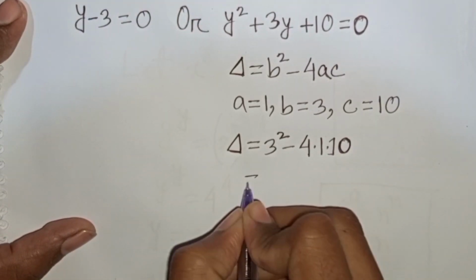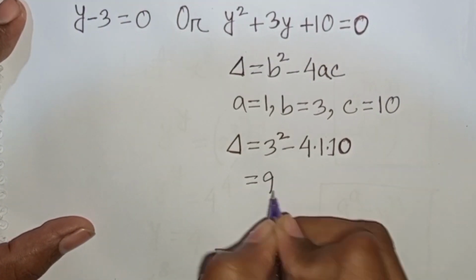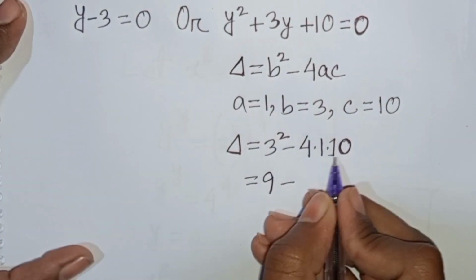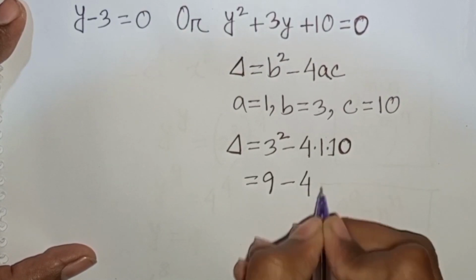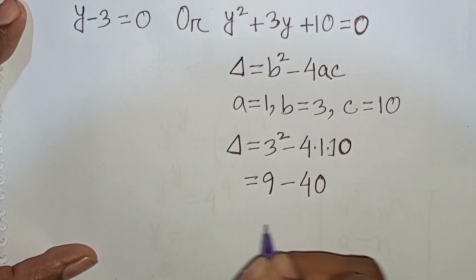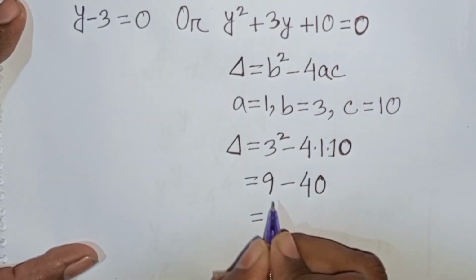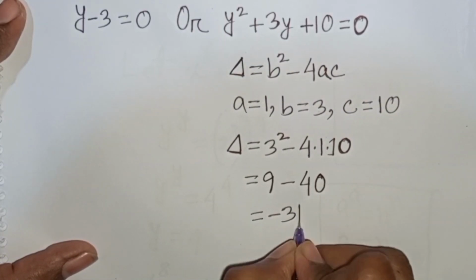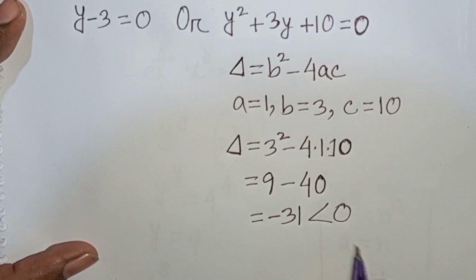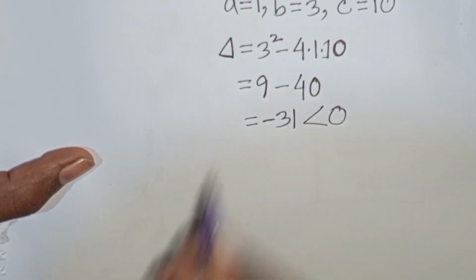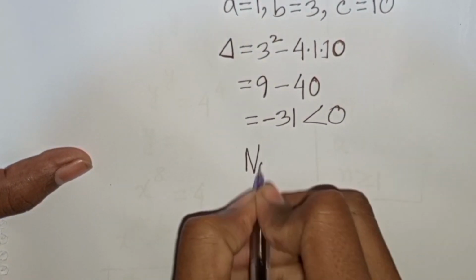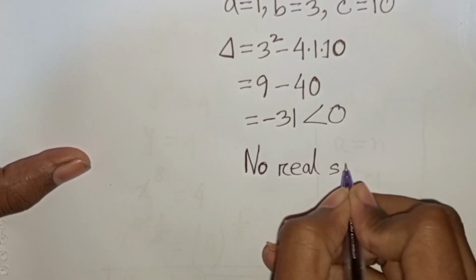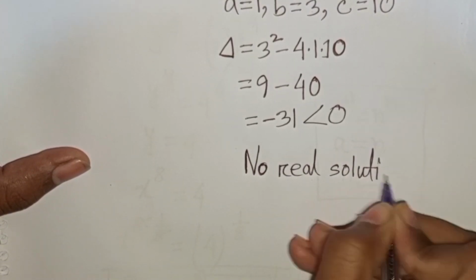Now is equal to 3 square is same as 9, then minus 4 times 1 times 10, that means it will be 40, then is equal to 9 minus 40, that means it will be minus 31. So minus 31 is less than 0. So here no real solution.